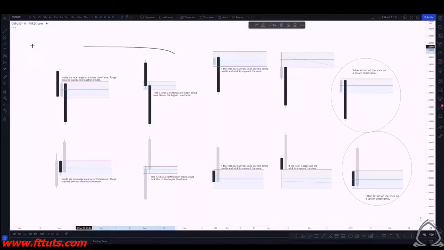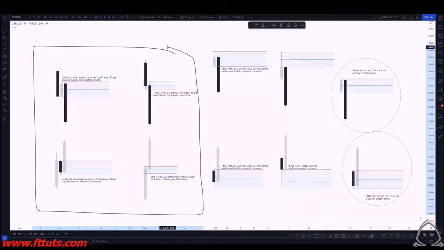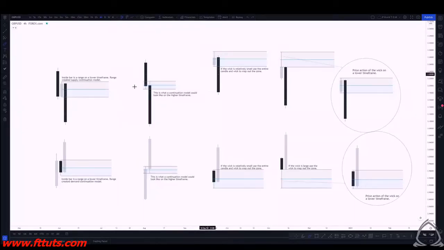So again, what this allows us to do conceptually is use lower time frame refinements without actually going on to the lower time frames, whether it be utilizing the inside bar technique and understanding that that is a range on a lower time frame, or also just looking at the way candles interact and seeing a very quick pivot in the market. We can understand that that is also a continuation pattern that is happening within the market that is either creating supply or demand zones.